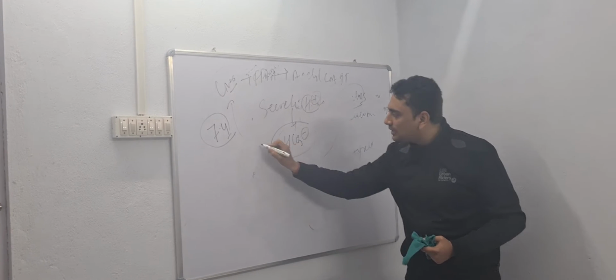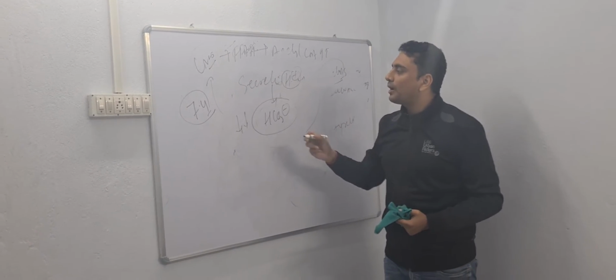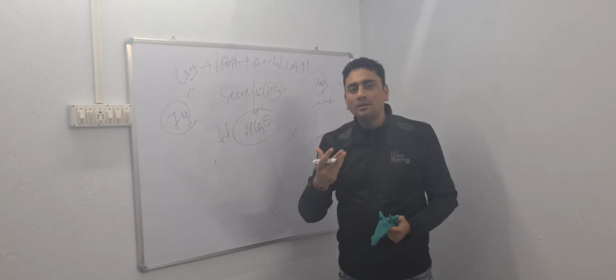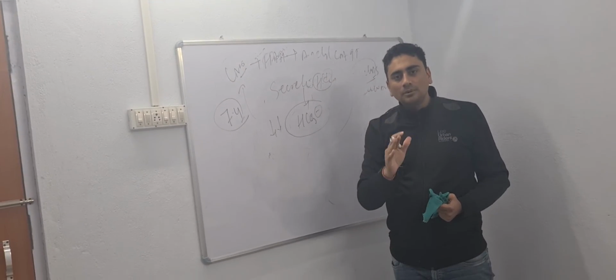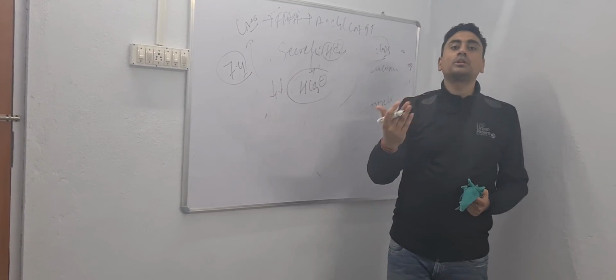So the bicarbonate level will also go down, and at one point of time when all the bicarbonate is exhausted or the bicarbonate level is on the lower side, it won't be able to restore the pH.